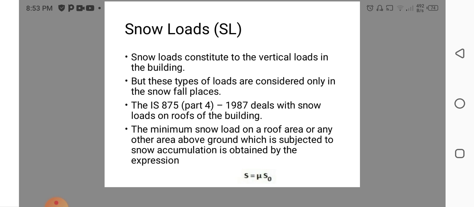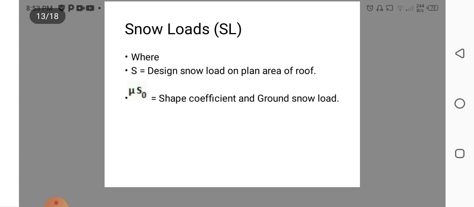Minimum snow load on the roof area or any other area above the ground which is subjected to snow accumulation is obtained by the expression S equals mu S0, where S is the design snow load on the plan area of the roof, mu is the shape coefficient, and S0 is the ground snow load.